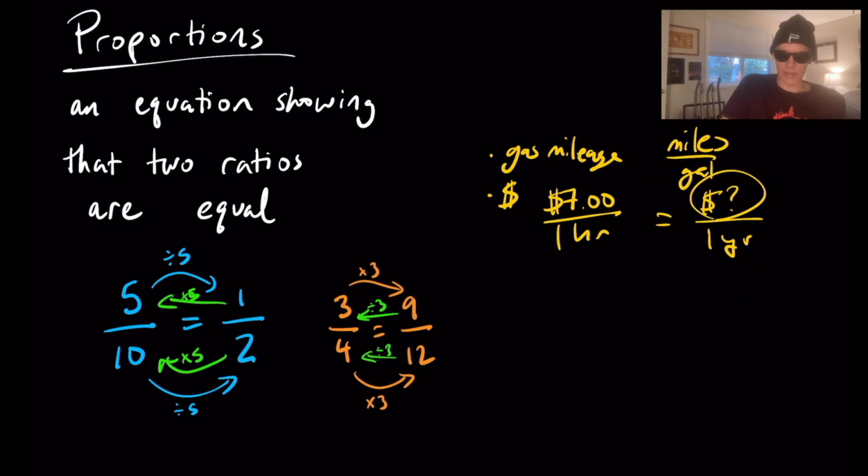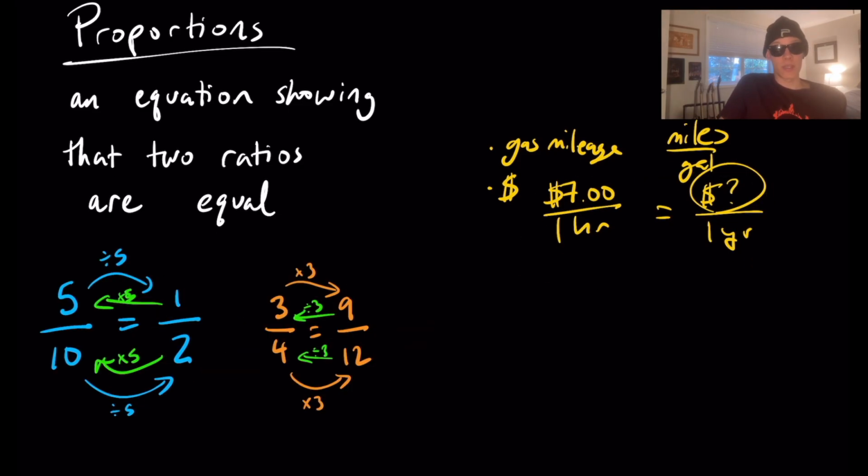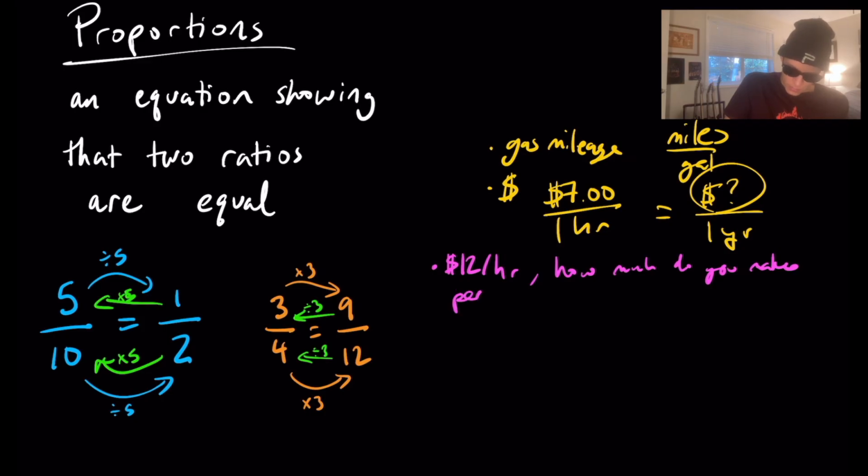expression like that. So let's do that real quick, actually, with the dollars per hour. Let's say you make $12 per hour, and you want to know how much do you make per month. So the proportion that you would set up, or the two fractions that you would use, well, we know one of them right here.